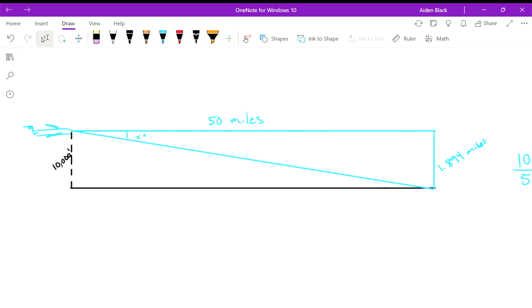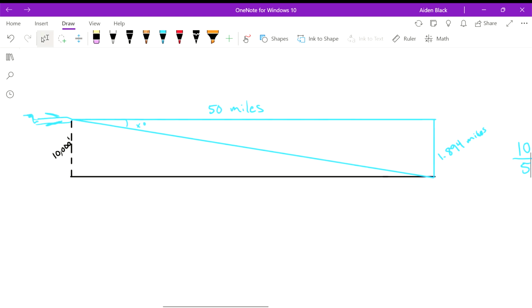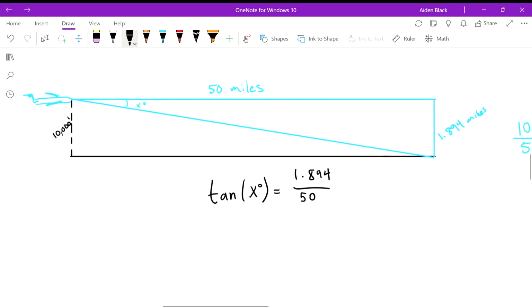Now, which trigonometric ratio are we going to use? We have the two legs, nothing to do with the hypotenuse, so we'll use tangent. So we know that tan of angle x is equal to the opposite side, 1.894, over the adjacent side next to the angle that's not the hypotenuse, so over 50.